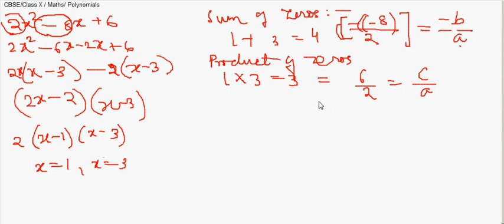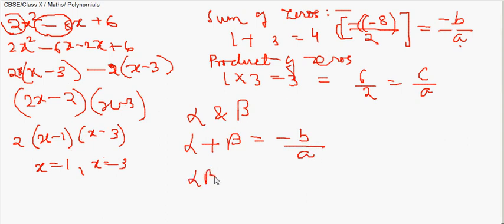So if we represent the zeros in terms of alpha and beta, the sum of zeros, alpha plus beta, will be minus b by a, and alpha beta, that is the product of the zeros, will be c by a.